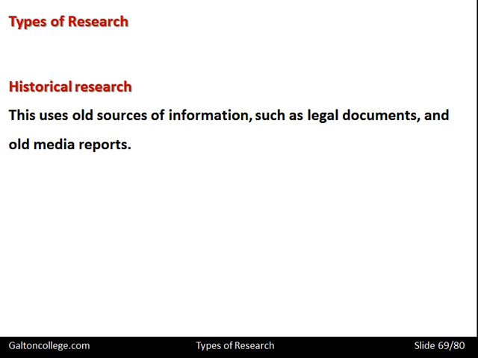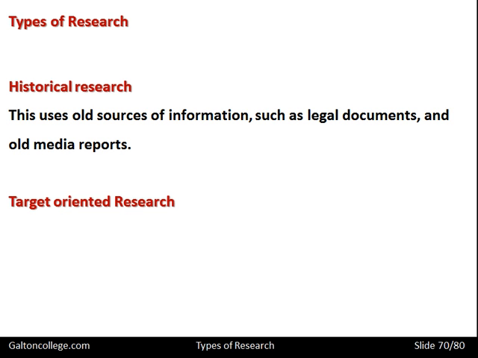Historical research is a well-established one amongst historians and social scientists and people interested in the development of perhaps current patterns in society.